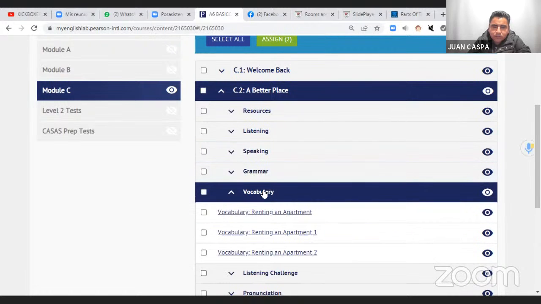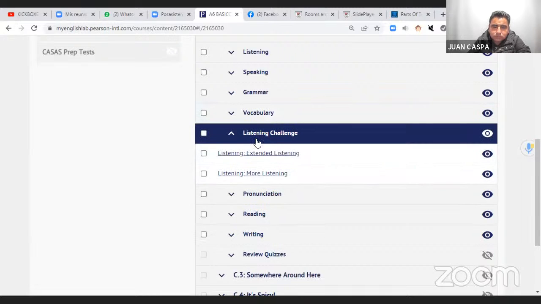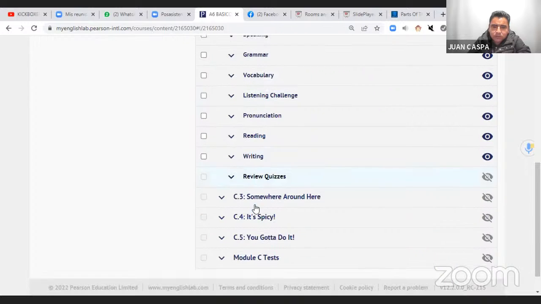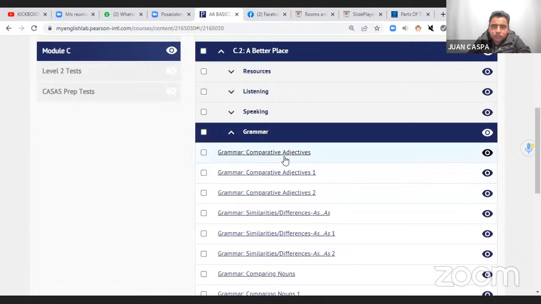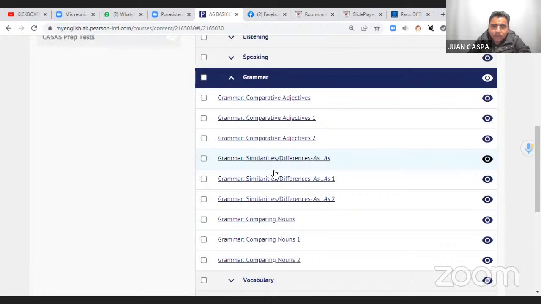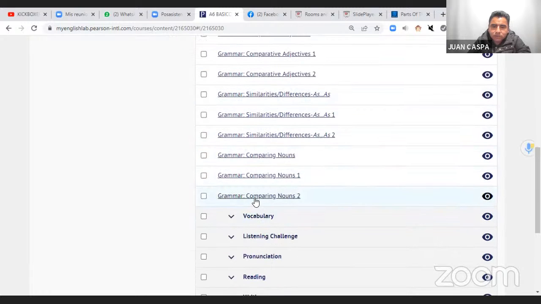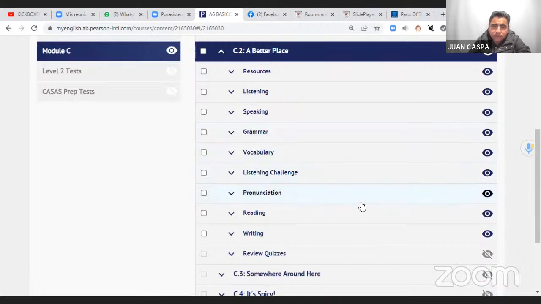Okay, but in vocabulary, we're gonna talk about renting an apartment, and in grammar, we're gonna talk about comparative adjectives, right? Different kinds of comparatives, comparative nouns, right? And then, of course, we're gonna move on to the superlatives, but now only comparatives.